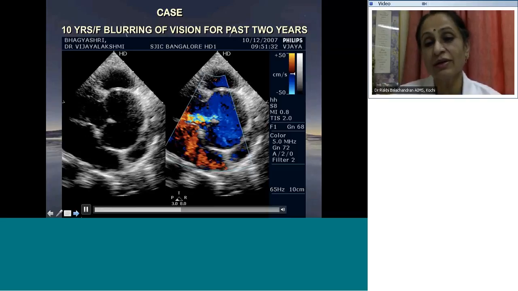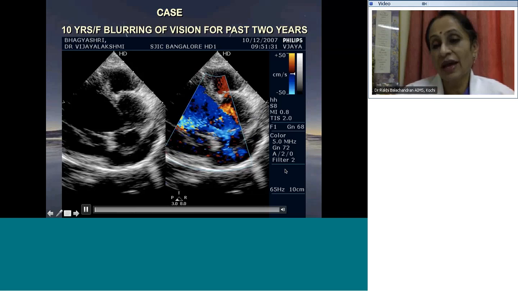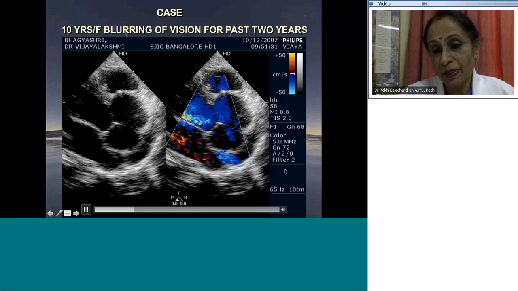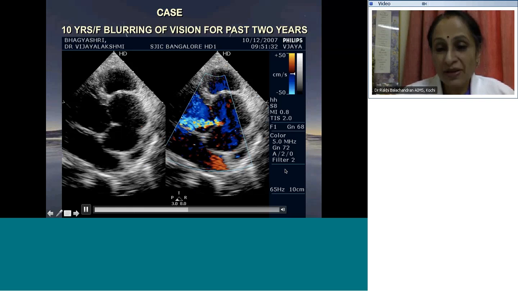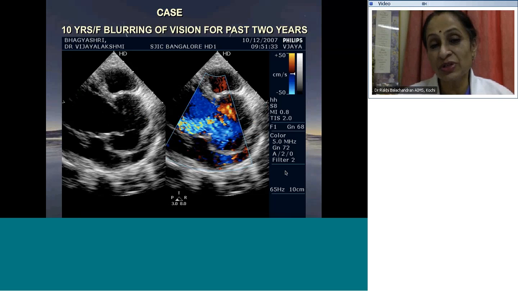Okay, I'll give you subluxation of the lens, right? This patient had a subluxation of the lens. So the diagnosis is Marfan syndrome. Exactly, the Marfan syndrome.